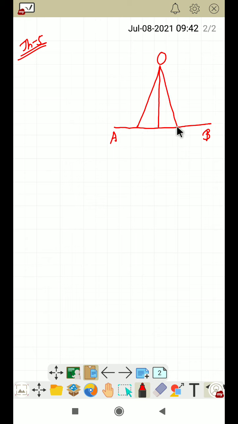You can draw infinitely many lines from the point O to AB. Among these lines, you can see that the perpendicular line, that is this line, is smallest among them. Clear?